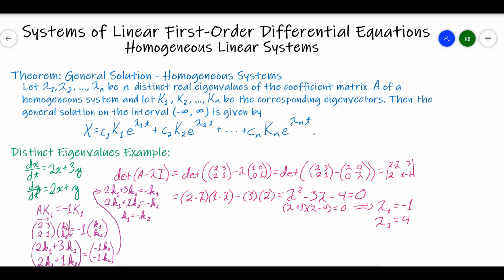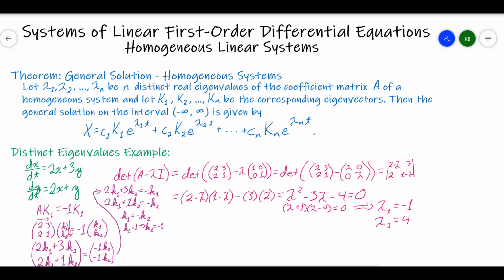What that means is you get to choose a value for one of the entries and then solve for the value of the second entry. 0 is off limits for choosing, but anything else is. So I'm a big fan of choosing 1. So I'll use K1 equals 1, which will mean that K2 must equal negative 1.